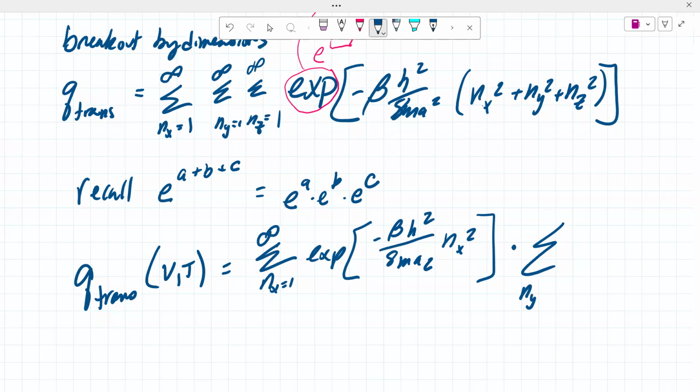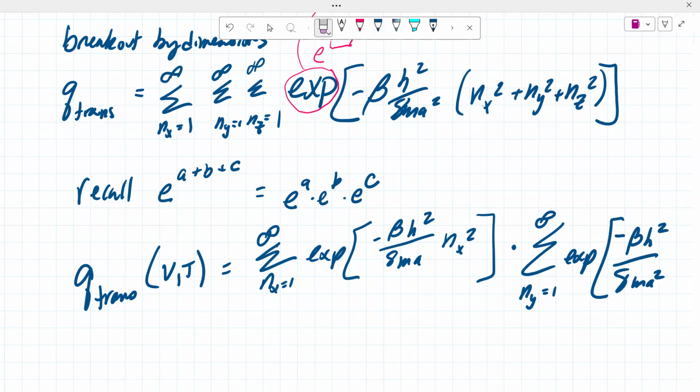Sum over n sub y equals 1 to infinity of exp negative beta h squared over 8ma squared, times n sub y squared. Yeah, this is squared, not subscript 2. That makes more sense.